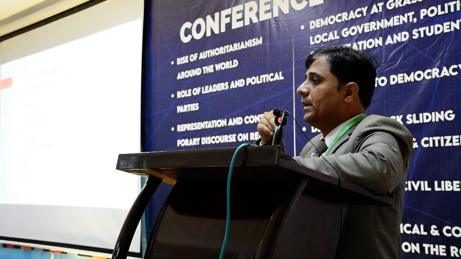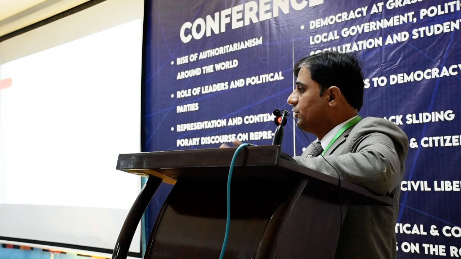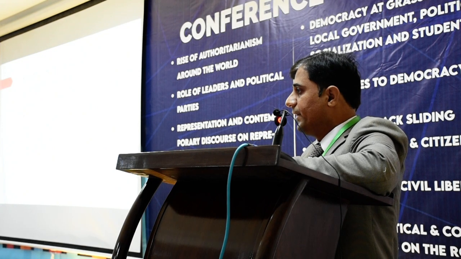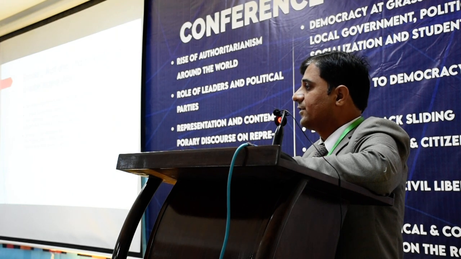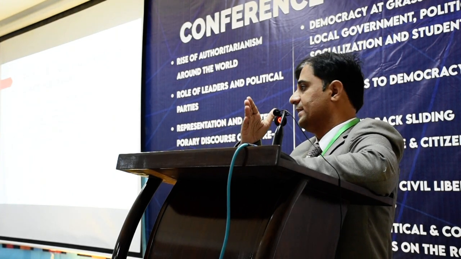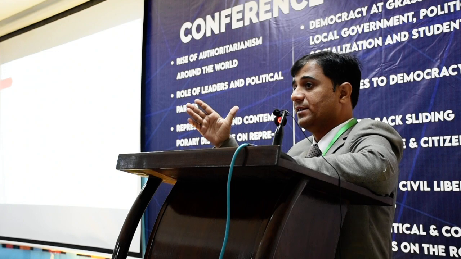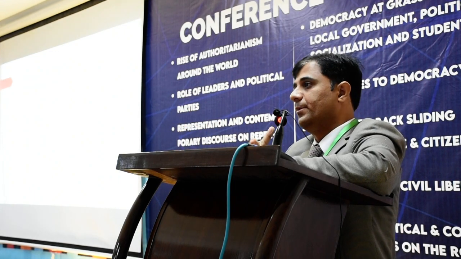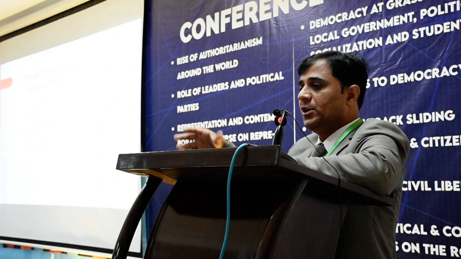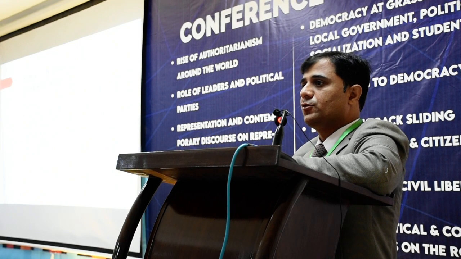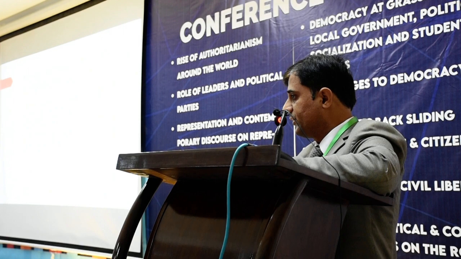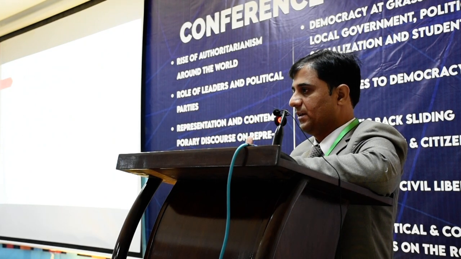The other thing is that there should be a judiciary. The judiciary must be independent, and has to decide the disputes between the center and the provinces, and also the disputes among the provinces. So there should be some sort of umpire which has to deal with the problems between the states, and between the state and the center.